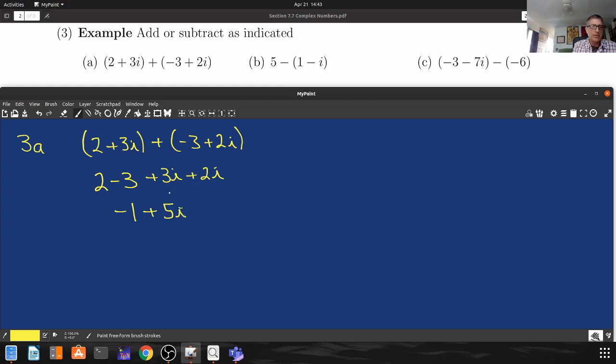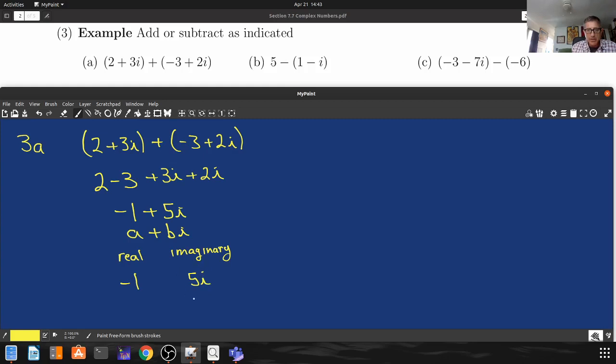And notice that that is in the form of a plus bi. a is the real part, and indeed minus 1 is a real number, and the bi is the imaginary part. And in this case, that's 5 times i.